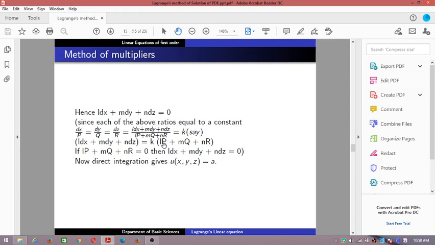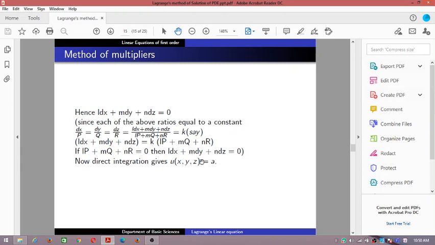Now we take only this expression and k, then we will get L dx plus M dy plus N dz is equal to k into Lp plus Mq plus Nr. As we have chosen L, M, N such that Lp plus Mq plus Nr is equal to 0, the right hand side becomes 0. That is, L dx plus M dy plus N dz is equal to 0.